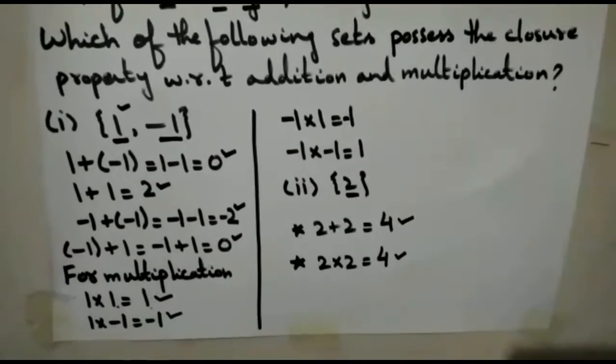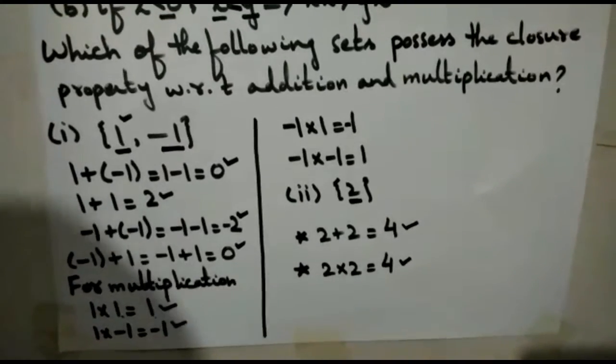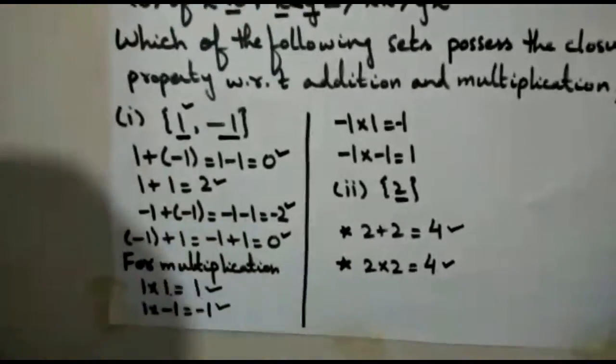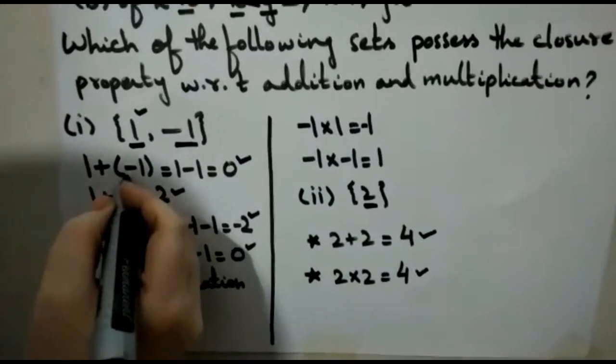Which of the following sets possess the closure property with respect to addition and multiplication? Consider example 1: the set {1, minus 1}. We have two elements in this set, 1 and minus 1.